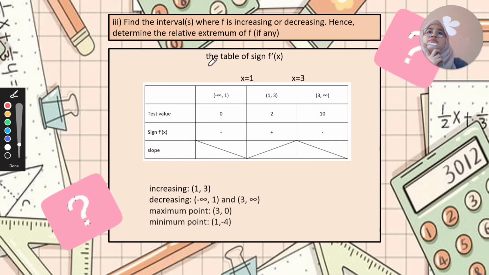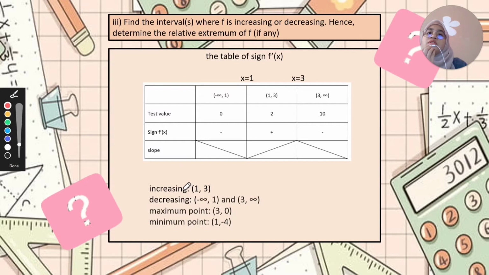So first step, we have to make the table of sign for f prime x, and then replace the x values from the previous question, x equals 1 and x equals 3, into the middle part of the table like this.